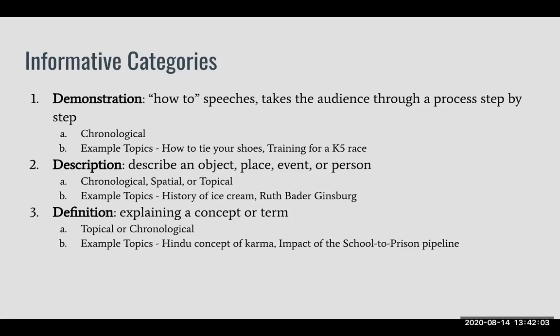So some examples of a definition informative speech would be the Hindu concept of karma or the impact of the school to prison pipeline. All of those are concepts, right? They're not tangible things, and there's a lot to unpack. There's a lot to uncover about each of these topics. So these are the three informative categories: demonstration, description, and definition.